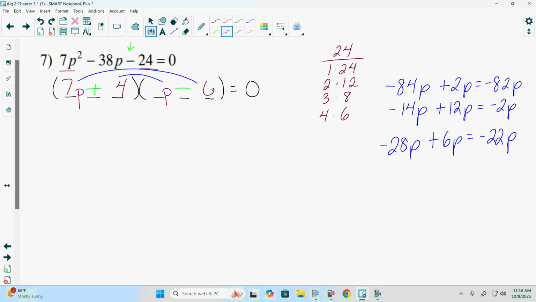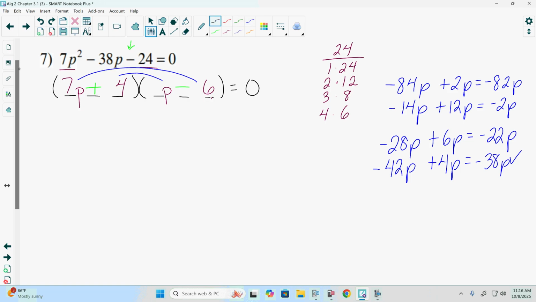I might need to switch it. 7p times negative 6 is going to be negative 42p. 4 times p is plus 4p, giving us negative 38p. Okay, so that is the middle term that we wanted.